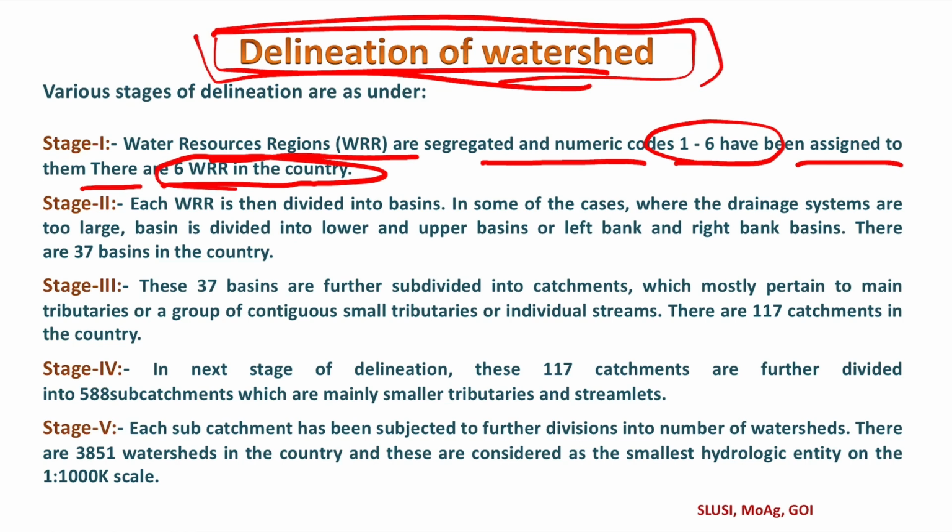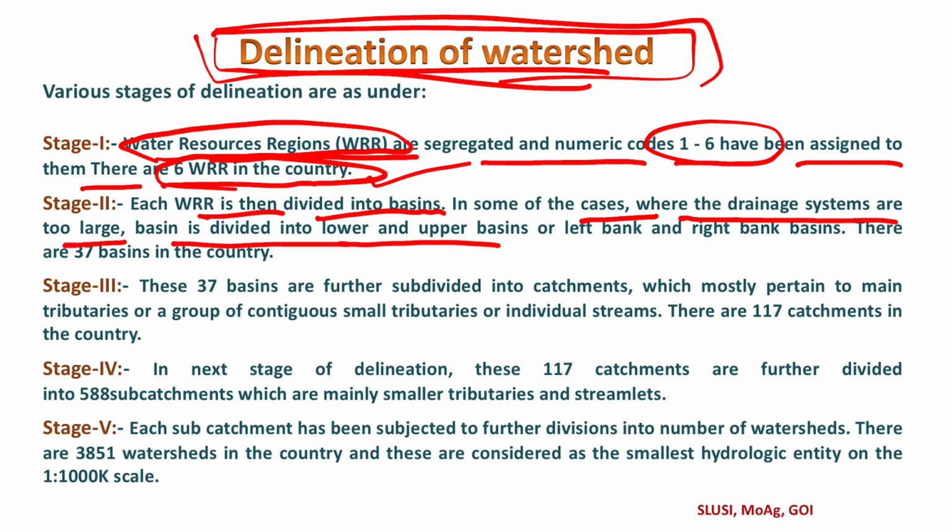So delineation means how we are characterizing this watershed, whether that is large or medium, how we are numbering them, how we are classifying them, right? So there are 6 water resource regions in our country. Each water resource region is then divided into basins. In some cases where the drainage systems are too large, a basin is divided into lower and upper basin, or left bank or right bank basin.